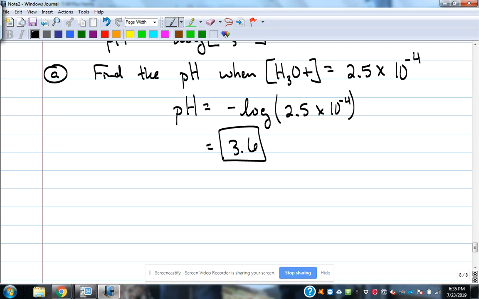3.6. Okay, let's go to a more difficult problem where they give us the pH and want us to find the concentration of the ion.